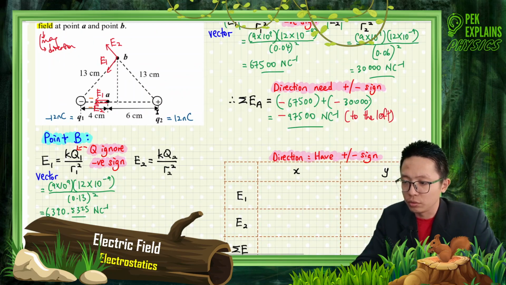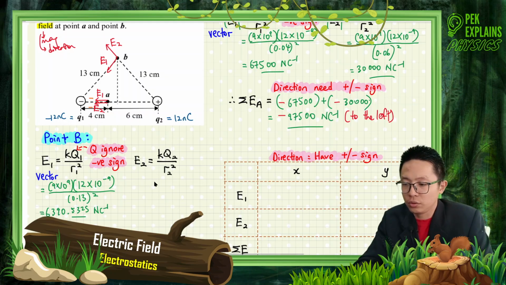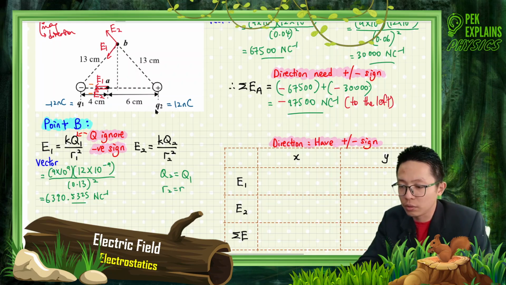And then how about Q2? E2. You see, luckily Q2 has the same charge as Q1. What else? The distance is also the same, 13 cm. It means R2 is also equal to R1.